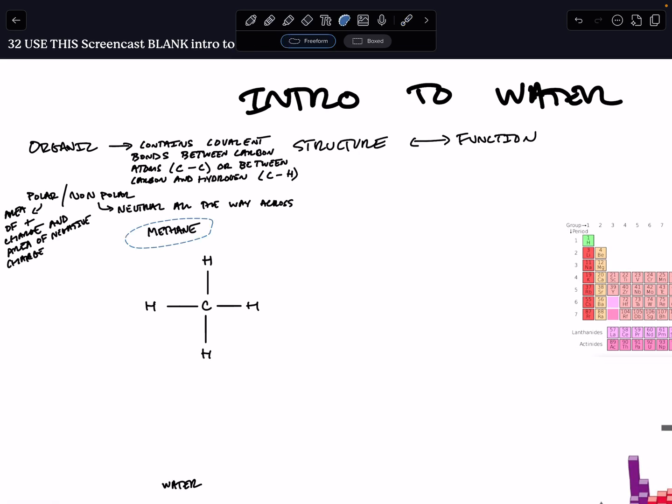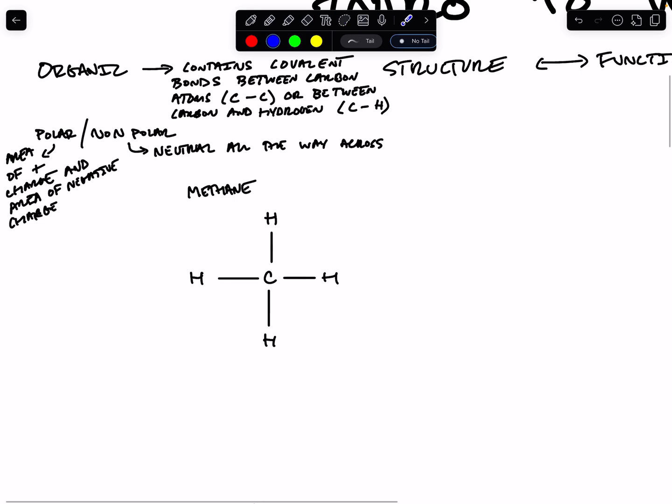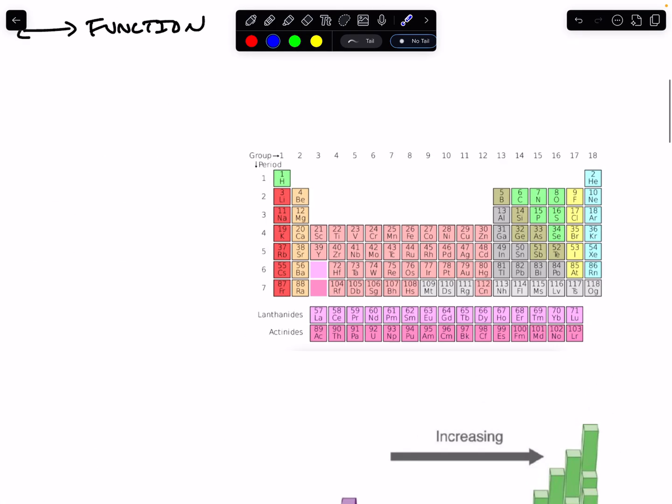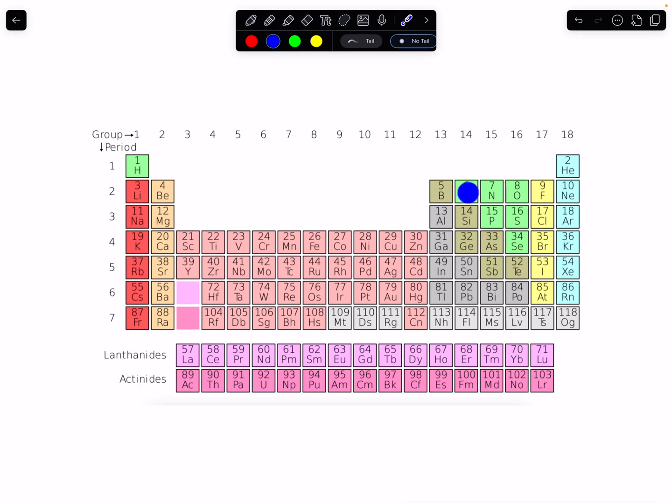Okay, so the first compound we're looking at is methane. The molecular formula is CH4, and the structure looks like this. We have carbon with 4 bonds to hydrogen. Remember, carbon is right here on the periodic table.